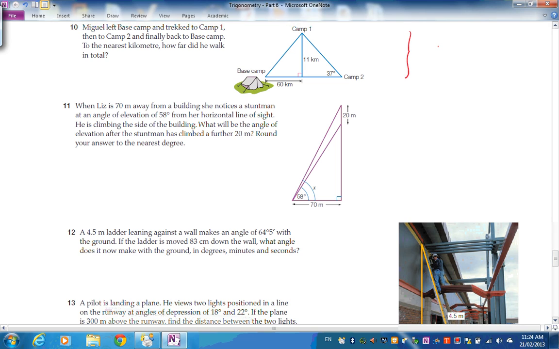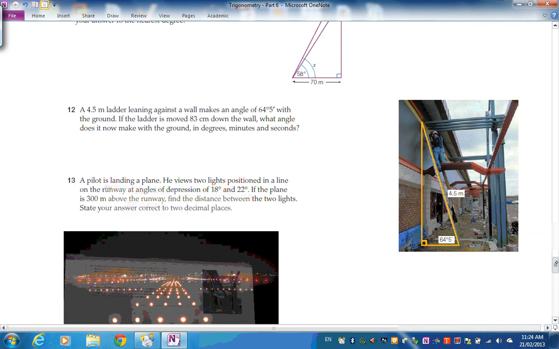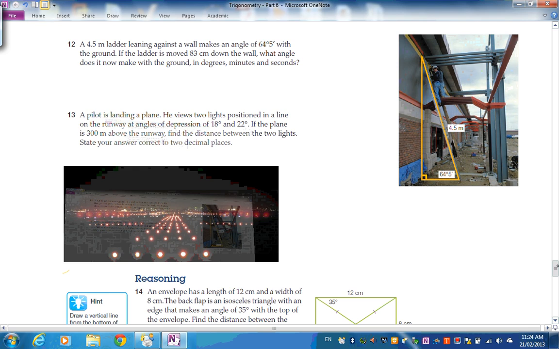You see how you can use it to advantage in a practical sense. And then 12 is an interesting one. They help you here with the diagram, drawing a right angle triangle, pilot landing a plane here. See what you can do with that one.